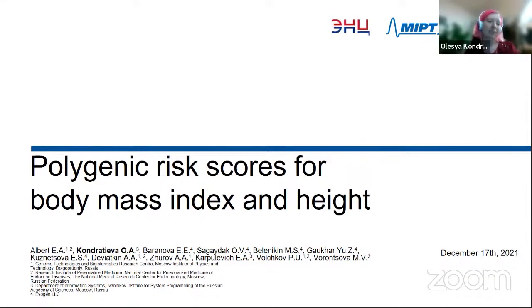I'm glad to welcome everyone who is interested in the topic of population genetics. So today I would like to present our results of polygenic risk score analysis on data of Central Russia.